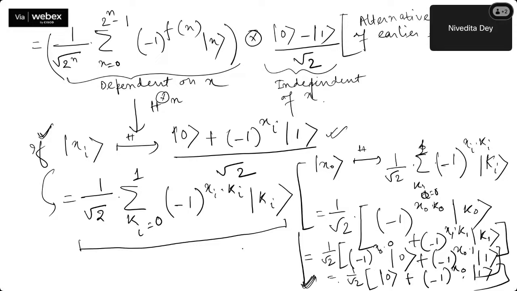Okay, so till this part, what I have done is, after this, on applying Hadamard, I have done one thing: what will happen if I write xi in this form. So this form we have checked already. Initially we had only ket 0 and ket 1, and we checked what happens if I apply Hadamard on ket 0 and ket 1 individually. Then we took a general xi. We have seen that xi on Hadamard will give me ket 0 plus minus 1 to the power xi times ket 1, whole divided by root 2.